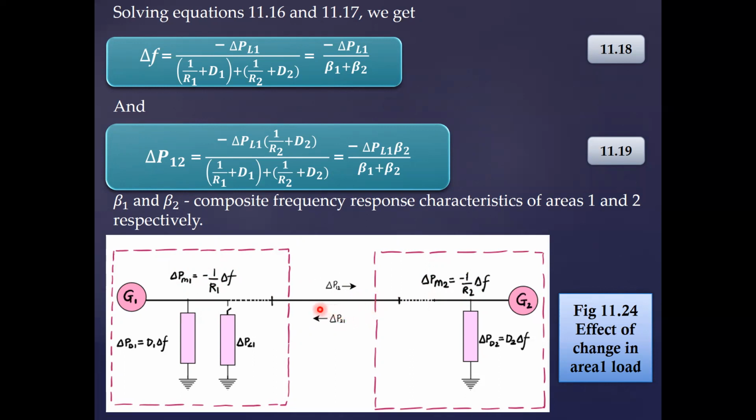But there could be a power flow direction from 2 to 1, then you will write it this way, del P21. So del P12 will be equal to minus del P21. It is just the sign convention indicating the direction of the power flow from 1 to 2 or 2 to 1, basically.